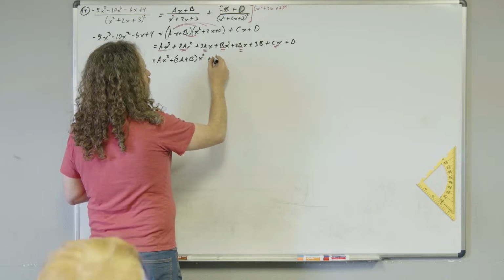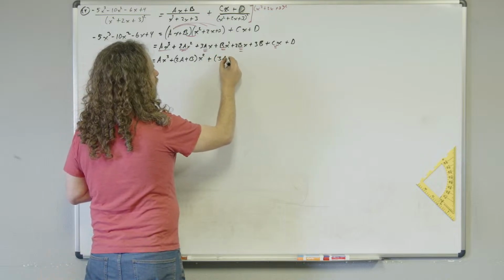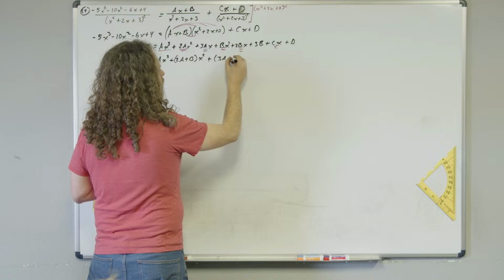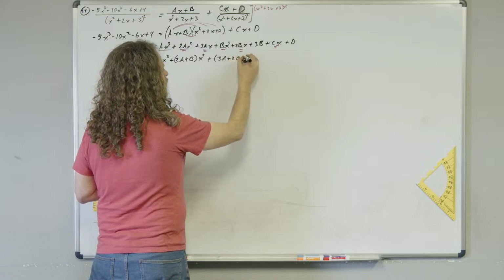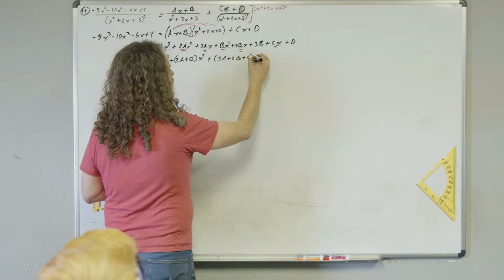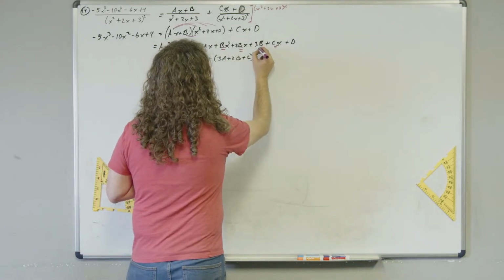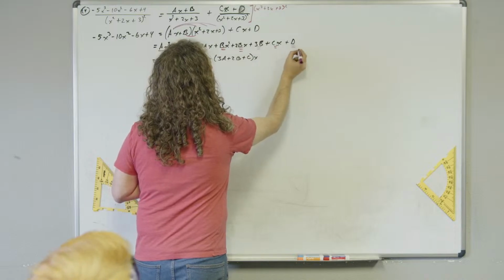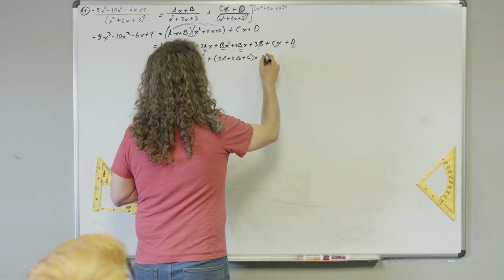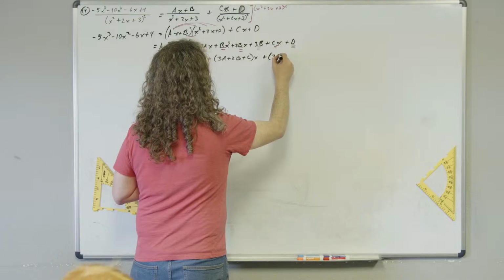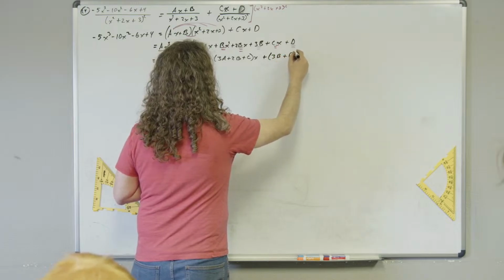So plus 3a plus 2b plus c times x. And then the no x term, so plus 3b plus d.